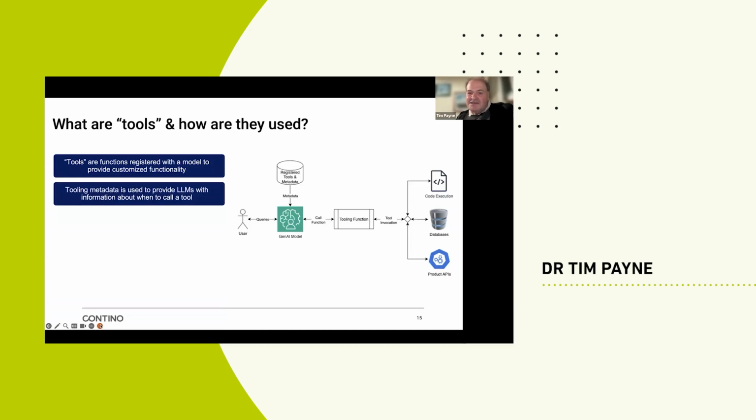The tooling metadata that you provide is how the GenAI model can match the prompt that you give it, or the request that you give it, with the tool that it actually has. So if you give it a good description, it can match. You sort of say, okay, what are the verbs I'm going to be looking at? So things like review might be a keyword that you put into the description.